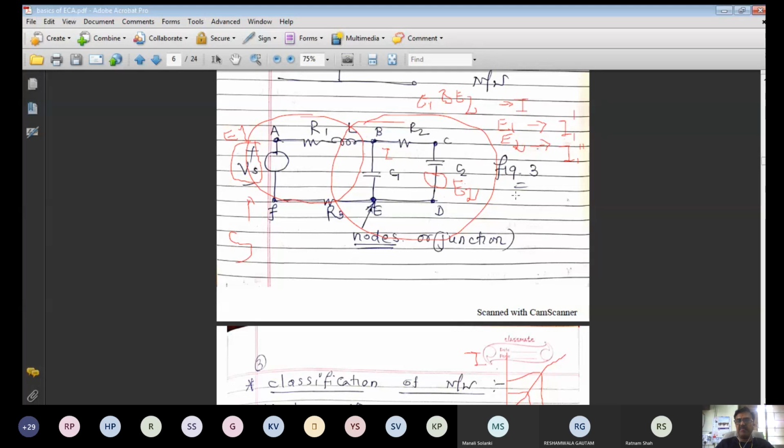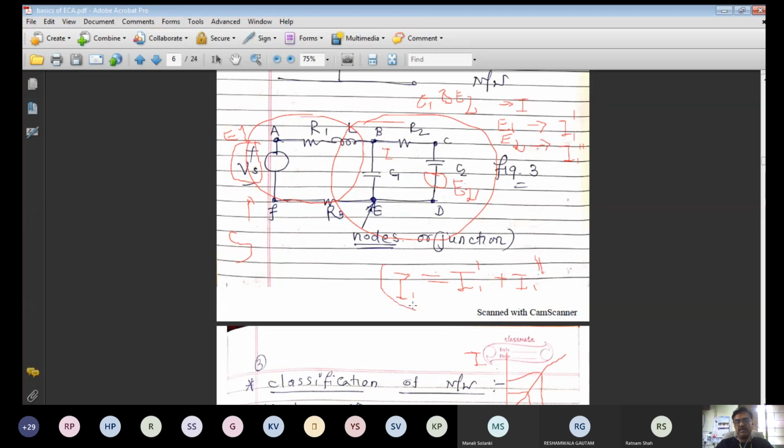The total response, if this circuit is linear and follows the superposition theorem, then this I must be equal to I1 dash plus I1 double dash.